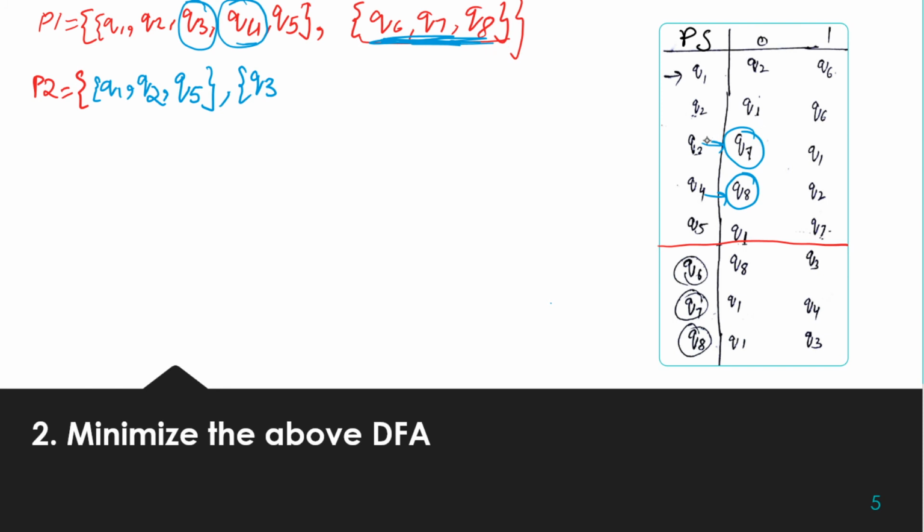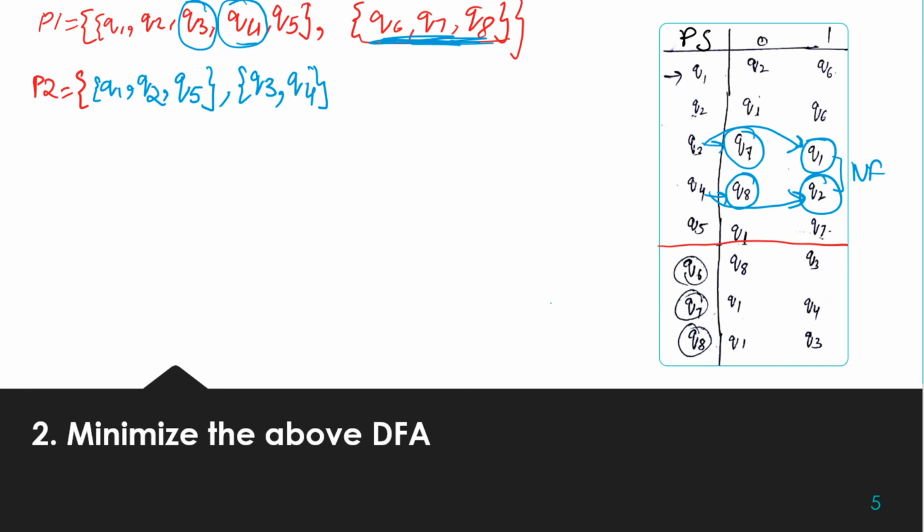Now let's check input symbol 1. From Q3 we are getting Q1 and from Q4 we are getting Q2. Q1 and Q2 are part of the same group of non-final states in the previous partition. So yes, Q3 and Q4 are compatible with each other, so they can be part of the same group in partition 2.